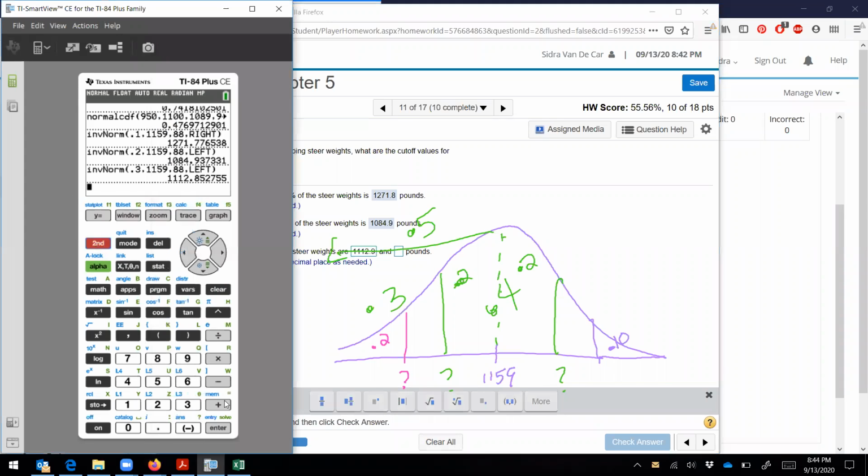So we want to do the same thing, but change the 0.3 to 0.7. And that's 1205.1.